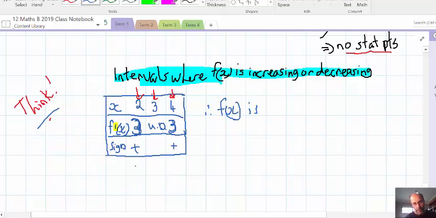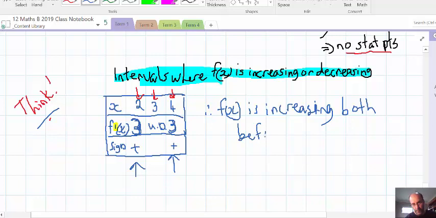So that means the function itself, whenever the derivative is positive, the function itself is increasing here, and it's increasing here. So that's both before and after the discontinuity.